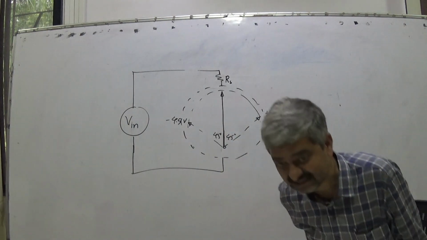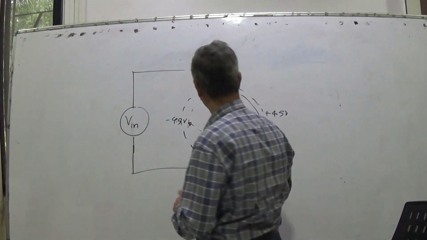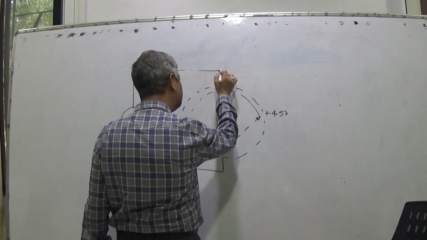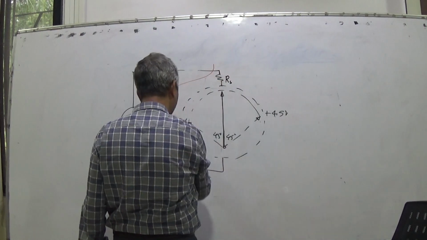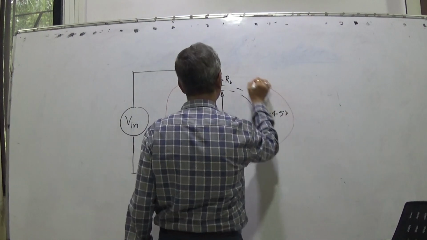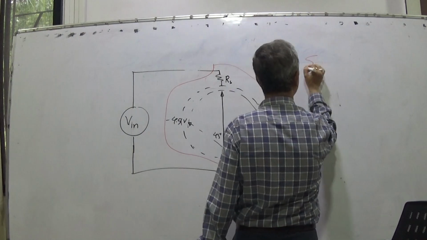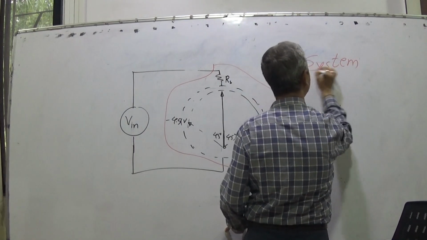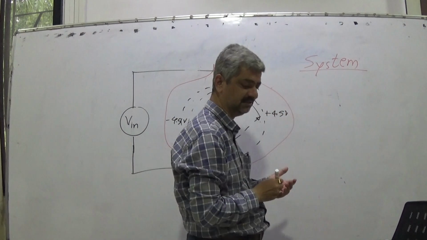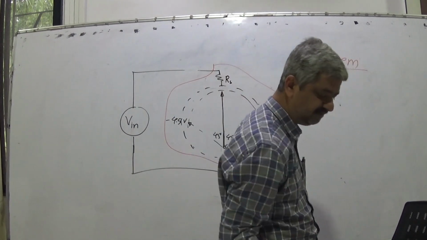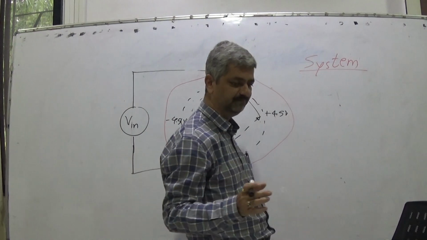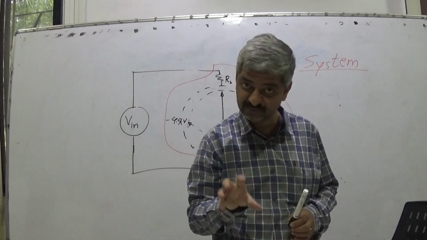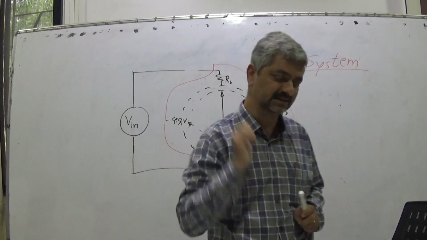So this is a system. What is the system? This galvanometer itself with this resistance becomes part of the system. So for this system, what is the system? Voltmeter is a system which includes the permanent magnet, moving coil, a proper spring and a resistance in series.